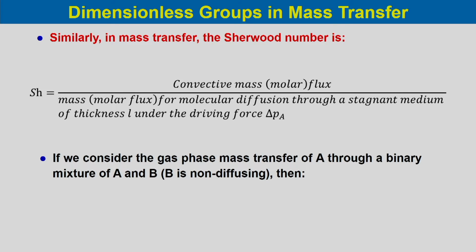So, if we consider a gas phase mass transfer of A through a binary mixture of A and B, in which B is non-diffusing, we can write the convective flux as kG into delta pA, where kG is the mass transfer coefficient in the gas phase.